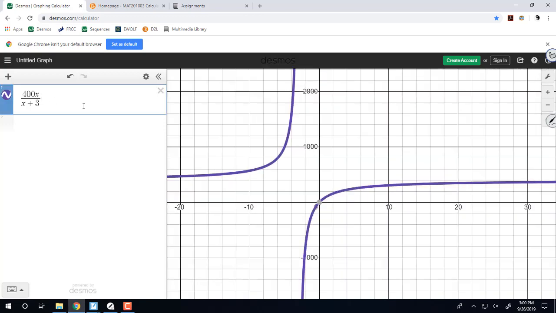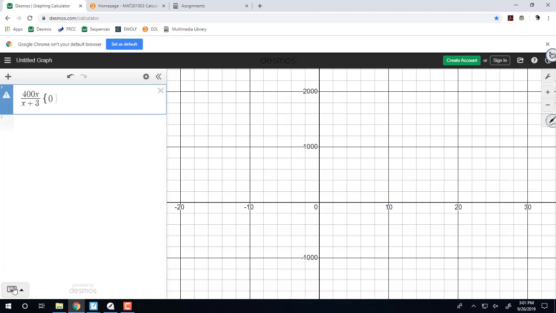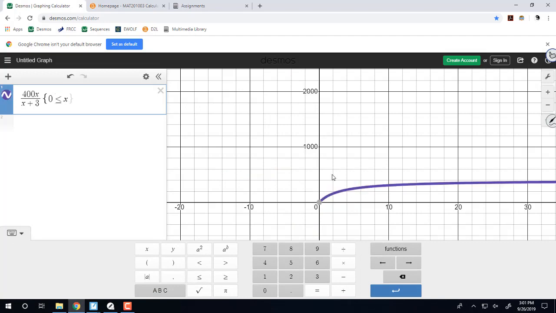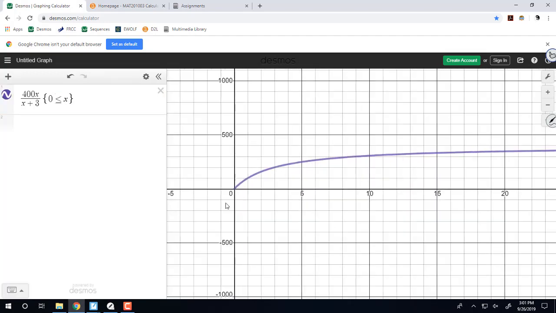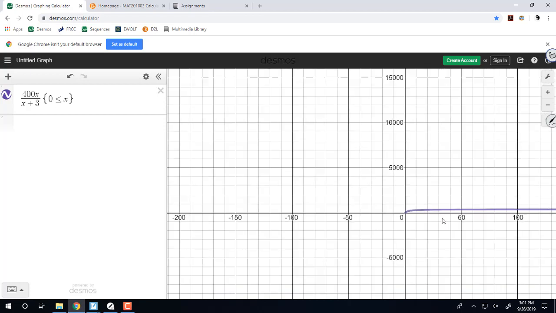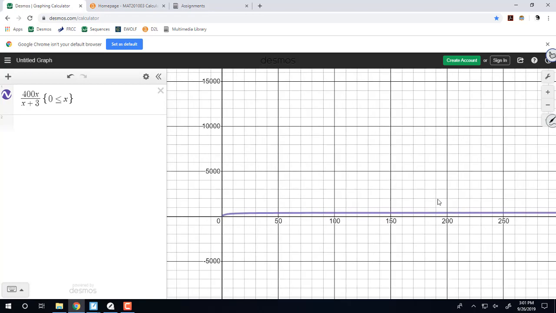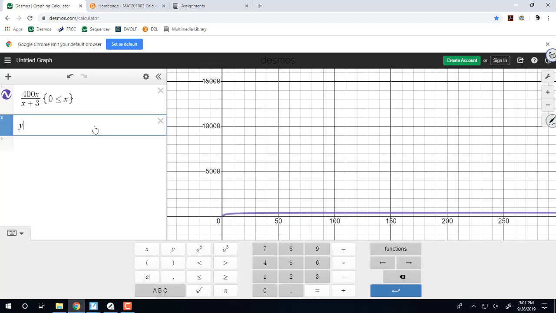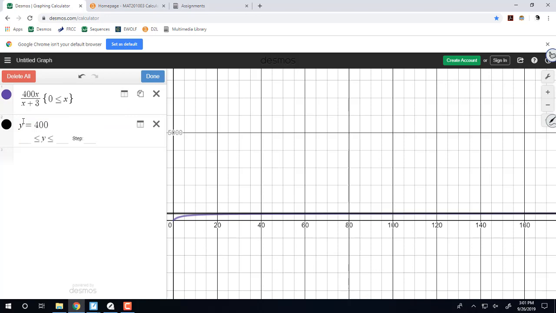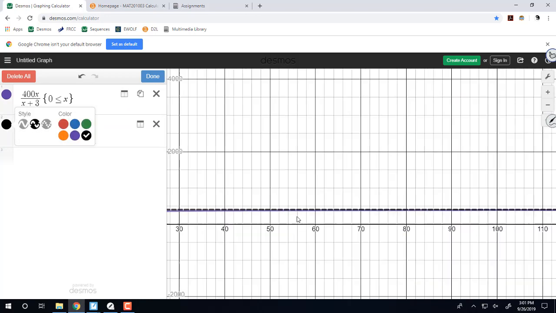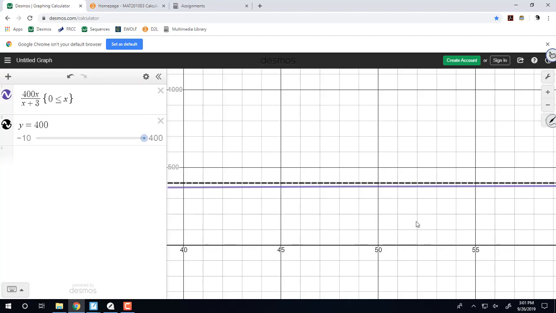Of course, we're starting our watch, measuring the growth at time equals 0, so we'll just show it for that. You see the population is increasing this whole time, but as we get further and further out, you can see that it's flattening off. And there's our asymptote, which corresponds to the steady state population.